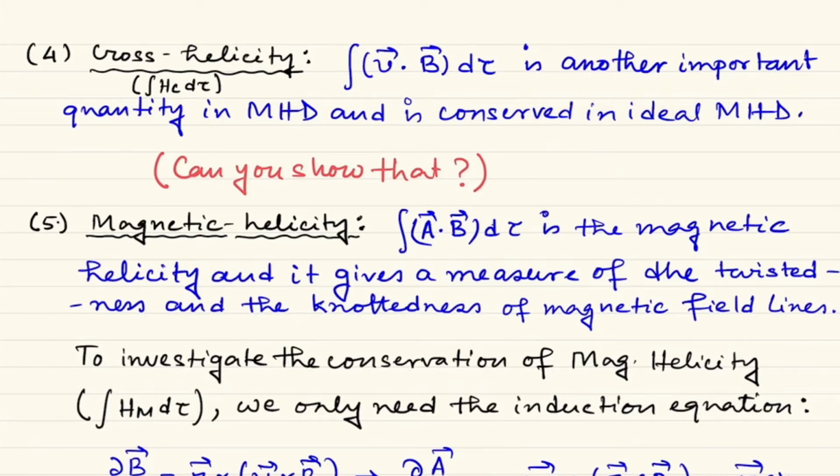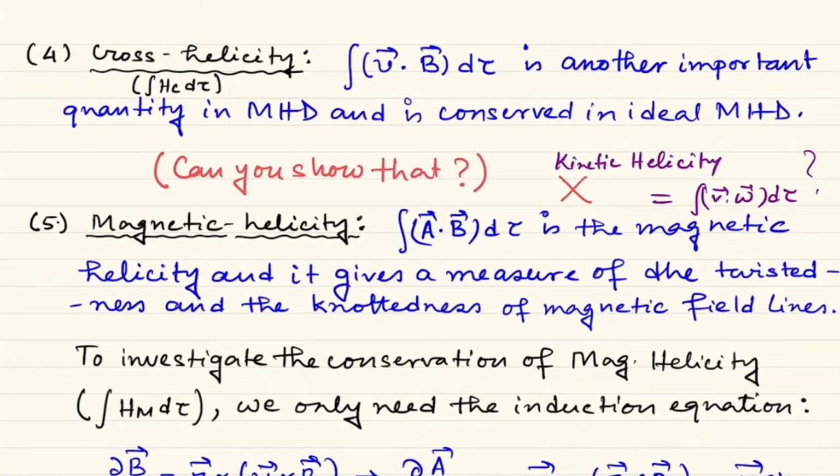My question to you is, can you investigate whether kinetic helicity, which looks like the integral of V dot omega d tau, is an inviscid invariant or not? You will see that in the case of normal MHD, kinetic helicity is no longer an inviscid invariant. Those two things you have to understand.